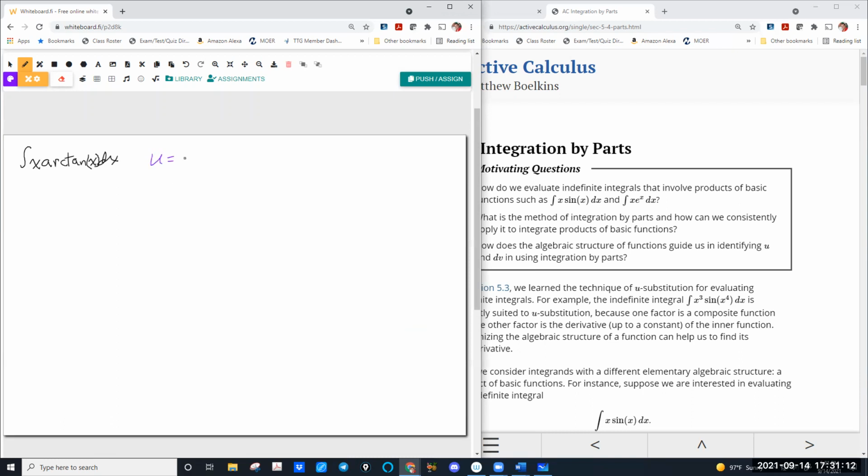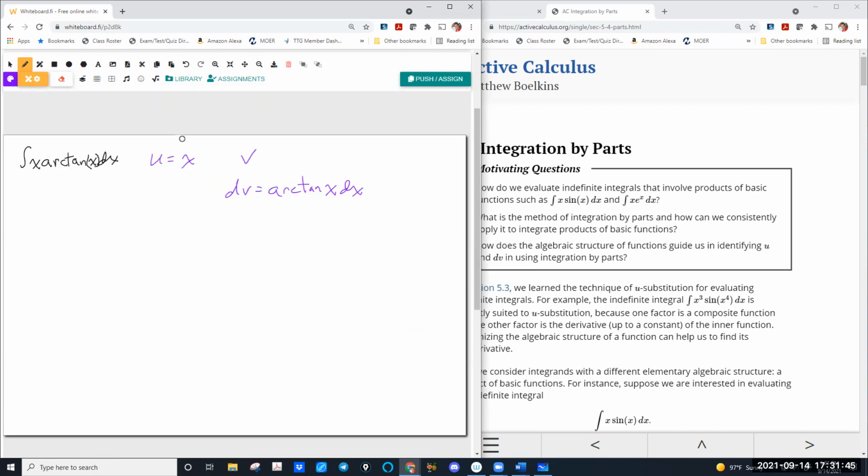If I let u equal x, then I'm letting dv equal arctan of x dx. Well, that means to get v, I need the antiderivative of arctan of x. That is not a trivial antiderivative. In fact, the antiderivative of arctan of x actually requires integration by parts. So this is not going to be the setup that we want.